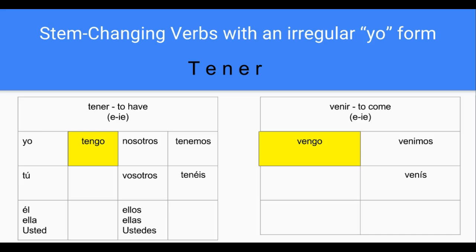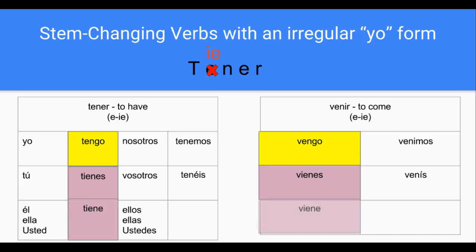So here's how that works. Where you typically have that E in the stem of the verb tener, you're going to replace that E with an IE. And you're going to do the same with venir. So your other forms will look like this. Tienes, vienes for the tú form. The él, ella, usted form would be tiene, viene.